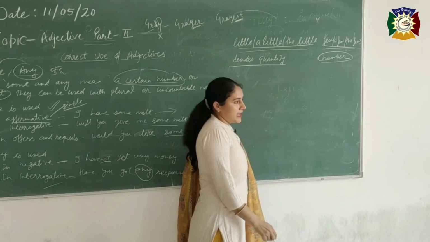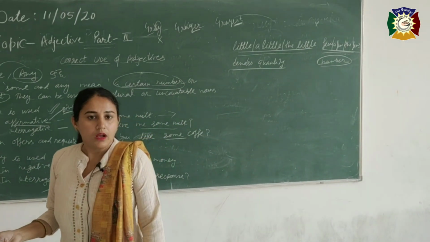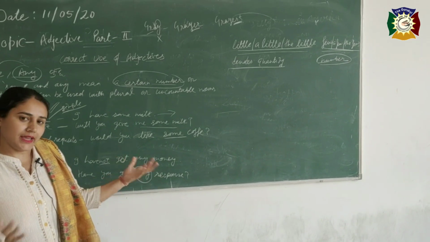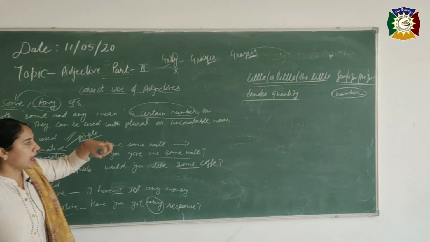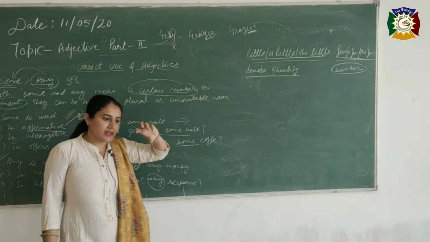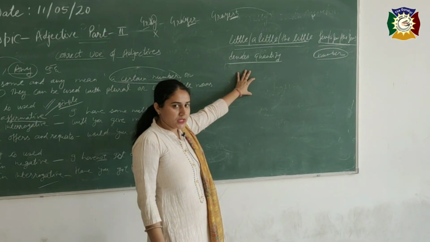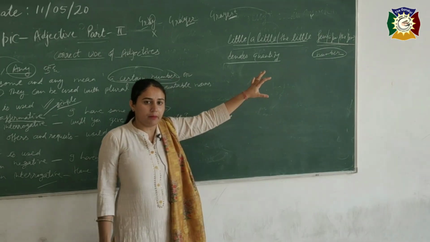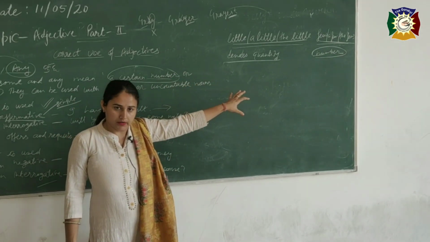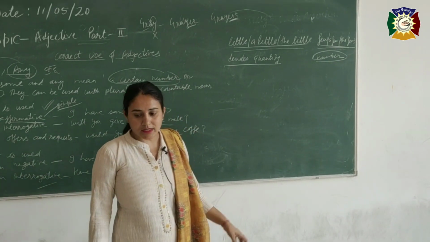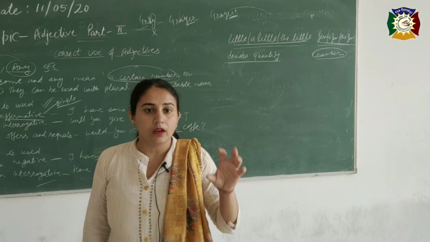I have few books. I have a little knowledge. There is a little water in the jug. We are speaking about the quantity with little, and with few and a few we are talking about the number.